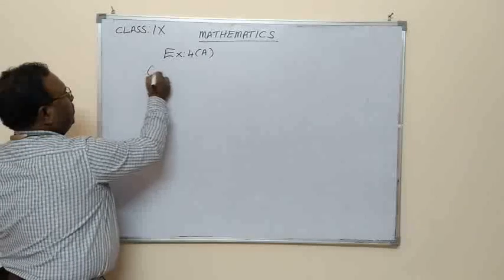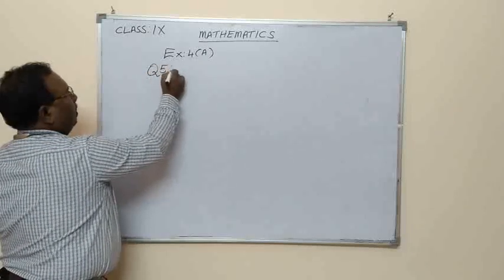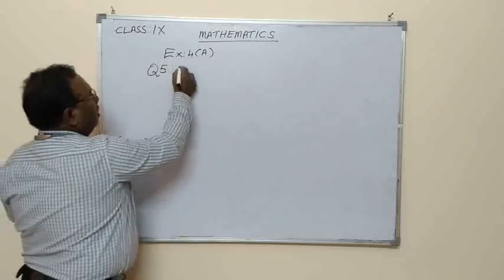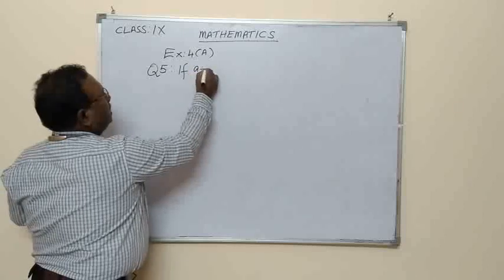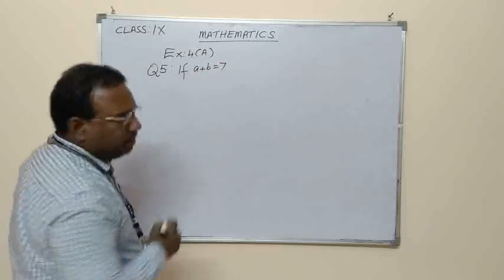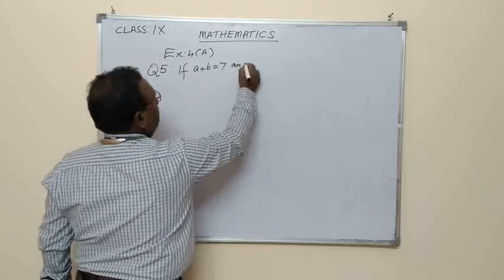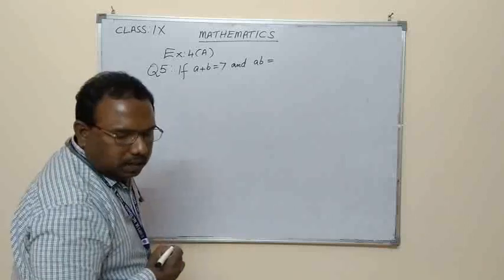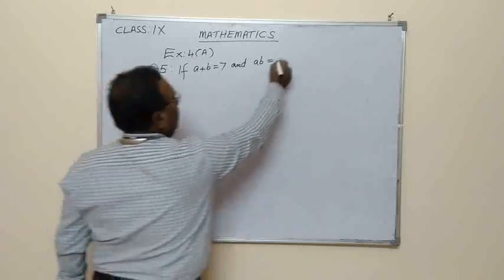Question 5. A plus B is equal to 7 and AB is equal to 10.